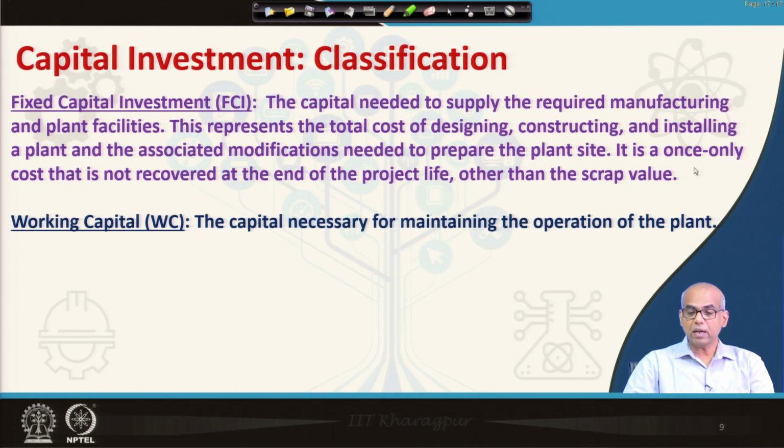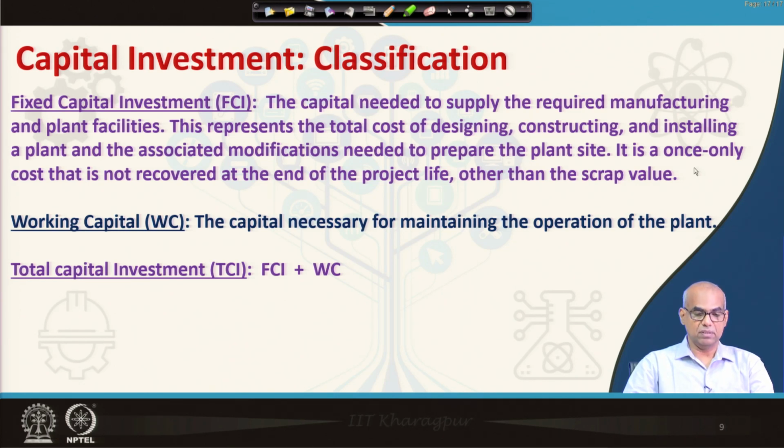While working capital is the capital necessary for maintaining the operation of the plant. So, fixed capital investment is the capital needed to supply the required manufacturing and plant facilities, while working capital is the capital needed for maintaining the operation of the plant. The total capital investment is the sum of fixed capital investment and working capital.